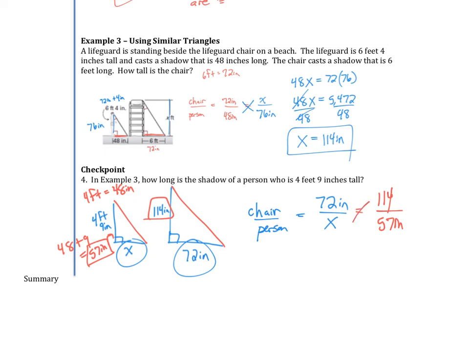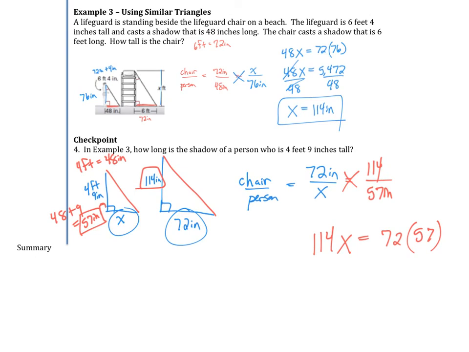So if we cross multiply, we would get 114 times x equals 72 times 57. So 114x equals 72 times 57, which is 4,104.